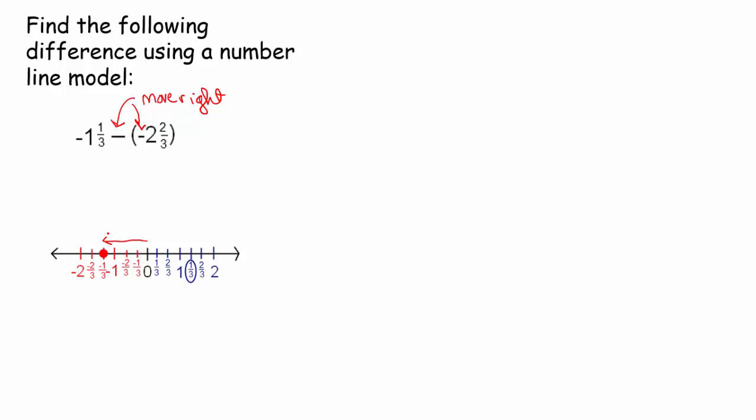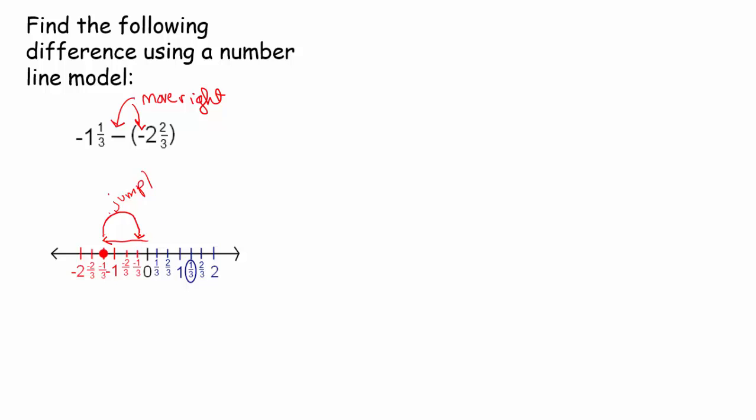So I'm going to move to the right 2 2/3. If I jump 1, I end up at -1/3.